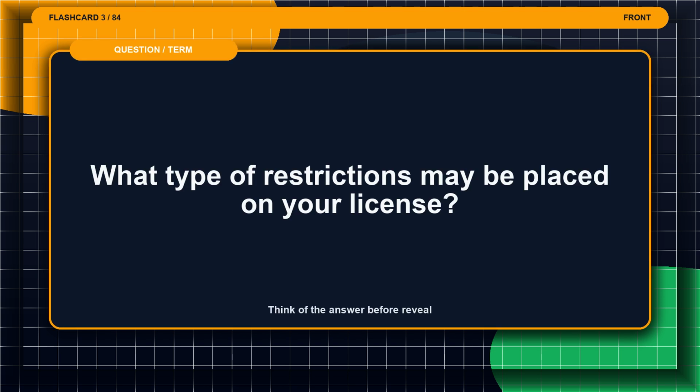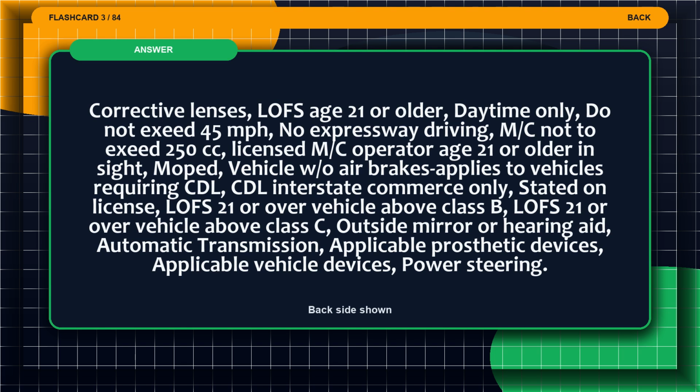Flashcard 3. What type of restrictions may be placed on your license? Think of the answer before the reveal. The answer is corrective lenses, loss of age 21 or older, daytime only, do not exceed 45 mph, no expressway driving, M/C not to exceed 250 cc, licensed M/C operator age 21 or older in sight, moped, vehicle without air brake applies to vehicles requiring CDL.